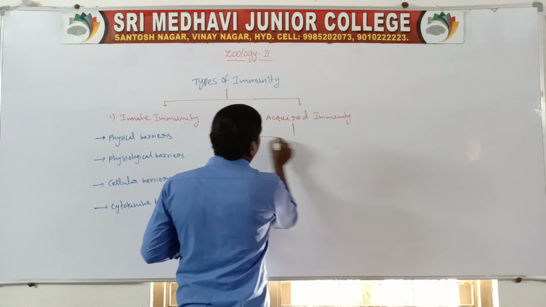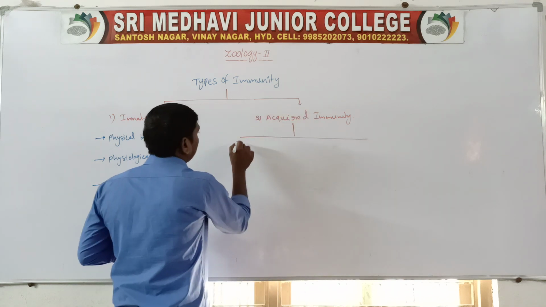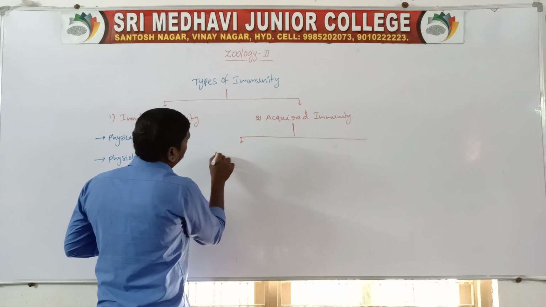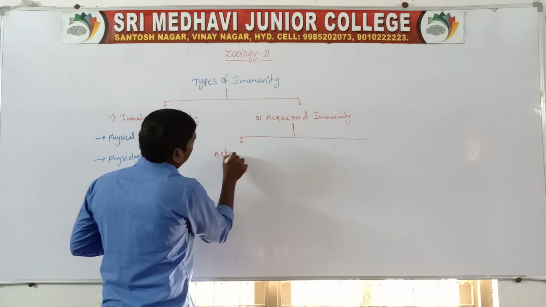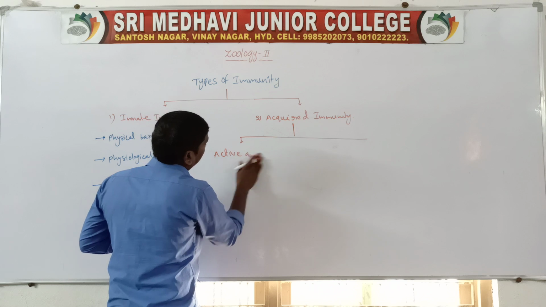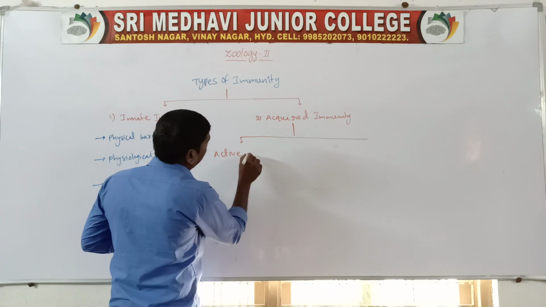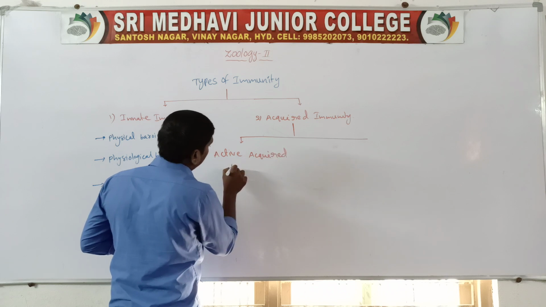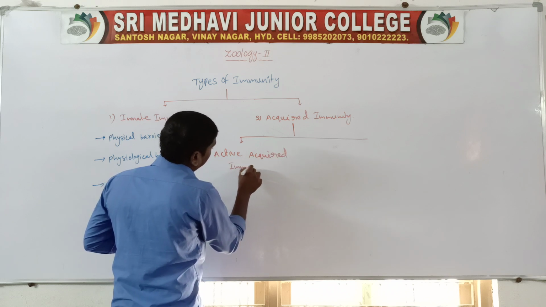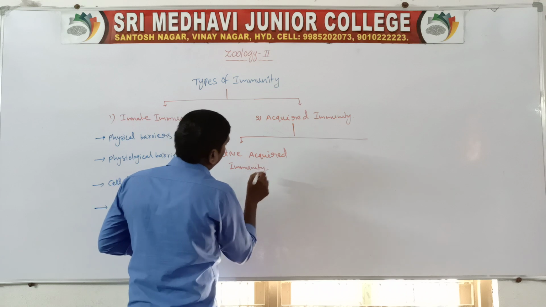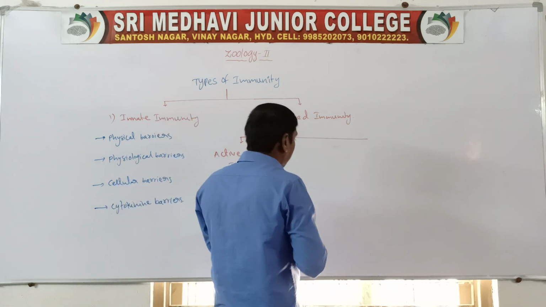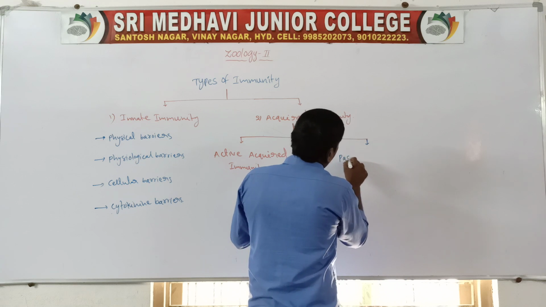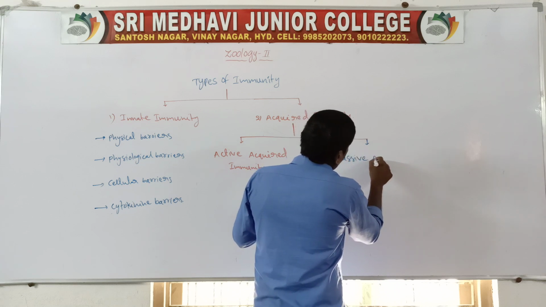Acquired immunity is of two types. First one, active acquired immunity. Second one, passive acquired immunity.